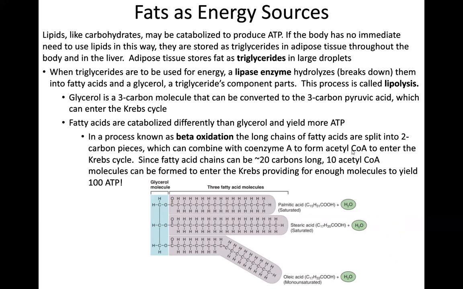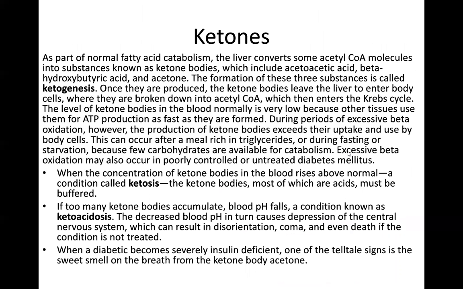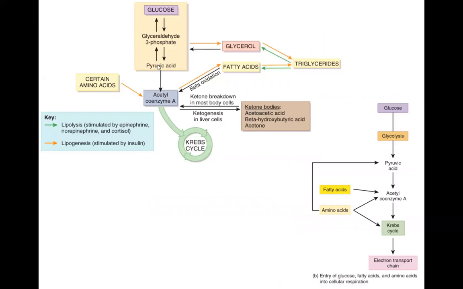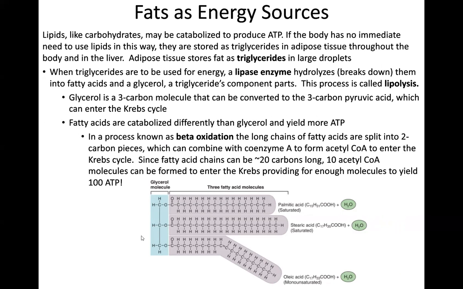Now you might have to do a little bit of converting, but essentially you're creating the same thing that you did during the transition reaction when you started with pyruvic acid, and that's the formation of acetyl-CoA. But it's not just one acetyl-CoA, because if each of these is 20 carbons in length, that means for every one of these little fatty acid tails, you can get 10 acetyl-CoA molecules, which means that's per fatty acid molecule, 10 different things entering the Krebs cycle.